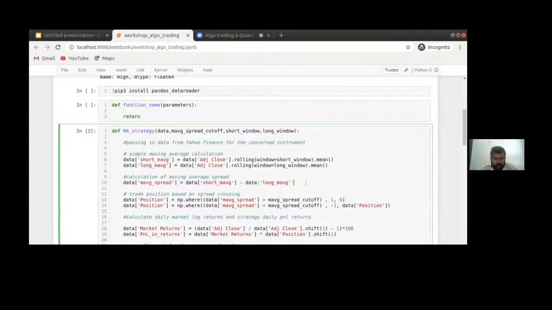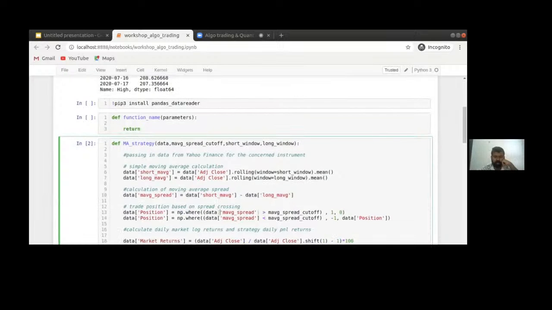Then the next line, I have calculated the spread between them, like the short moving average and the long moving average. Then here comes the logic: np.where is basically something that says that if the value of one column is equal to or above some value, then I put this value in another column. So what it does is I am checking where my moving average spread is above my spread cutoff.